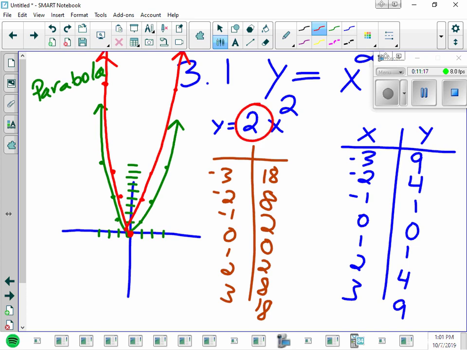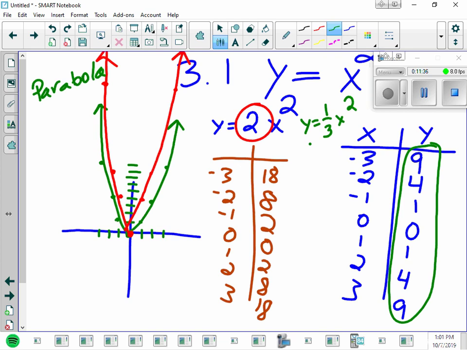Okay. What if I wanted y equals 1/3 x squared? What is that going to do to the numbers in this list? Well, 1/3 of 9, so here's my new y values. 1/3 of 9 is 3. 1/3 of 4 is 1.3 repeating.